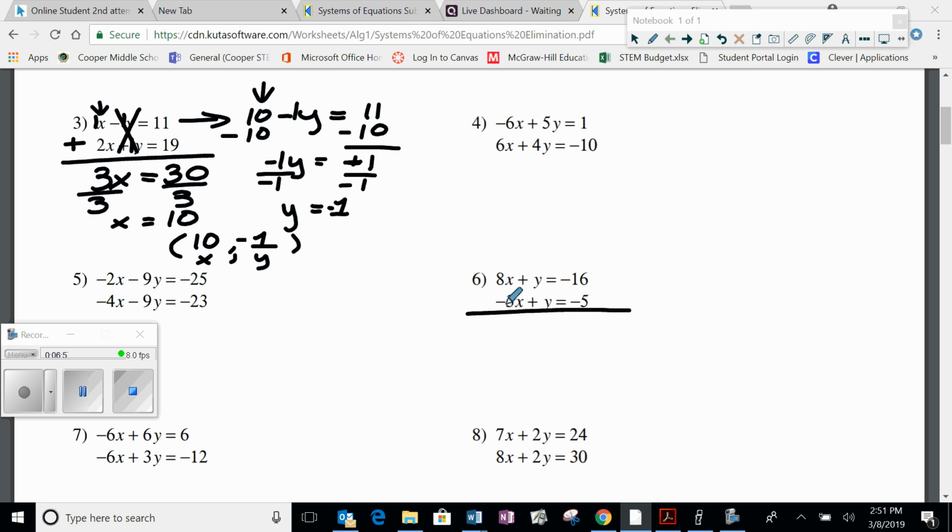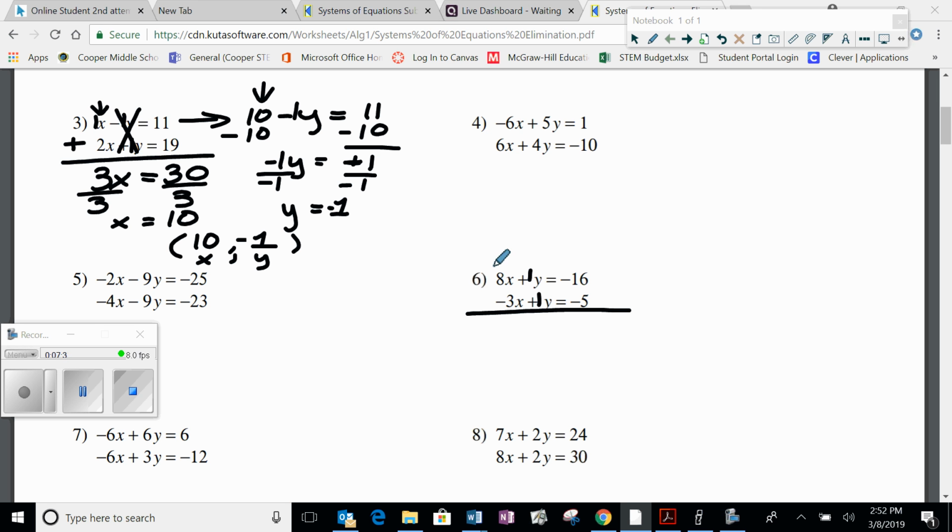Or my y values, I have a 1y and a 1y. So I could just take one of these equations and multiply by negative 1 so that they become opposites.